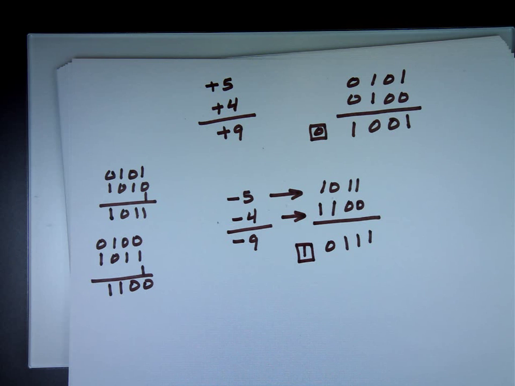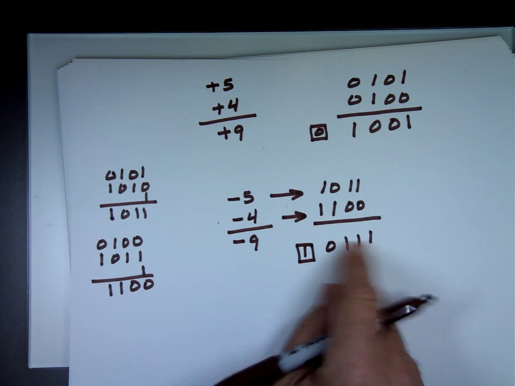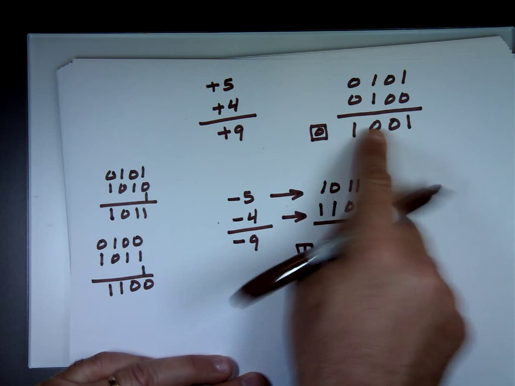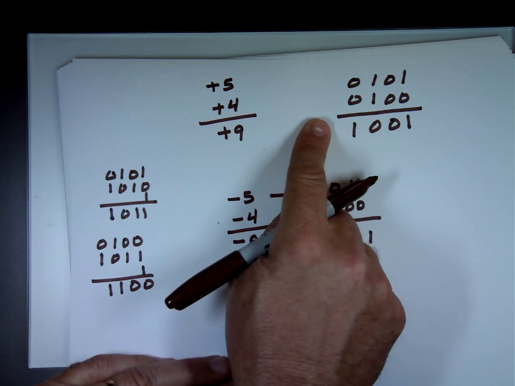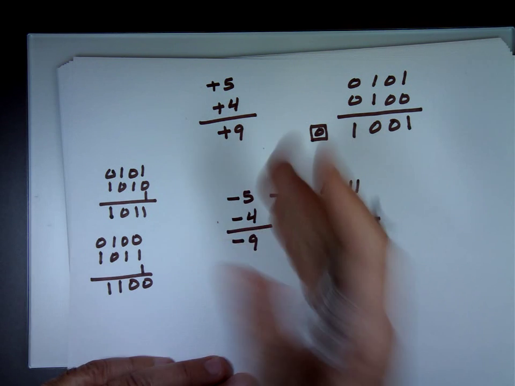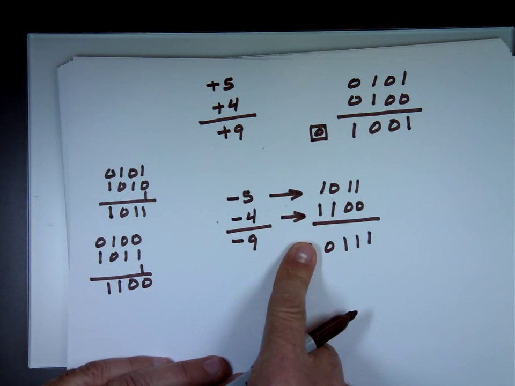If you just ignore the carry, is that the sum of negative 9? Because you're saying the answer to me is negative 9. If you ignore the carry, just like it says when you add them, is that the sum? No, it's not.